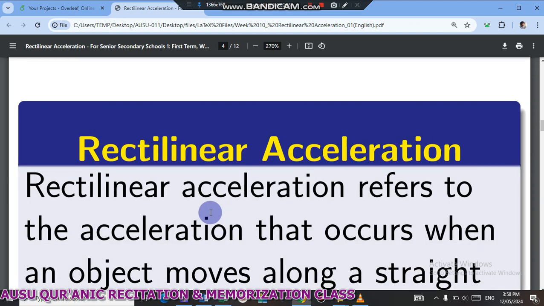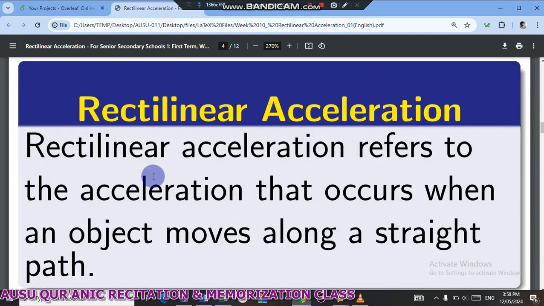Now, what about rectilinear acceleration? Rectilinear acceleration refers to the acceleration that occurs when an object moves along a straight path, meaning the path followed by the object is straight, the object is not rotating, not bending. Generally, when we say acceleration in physics, what we mean is rectilinear acceleration, unless otherwise specified.